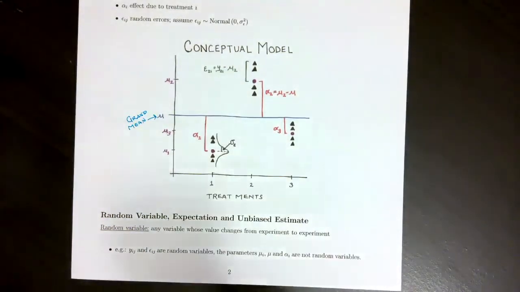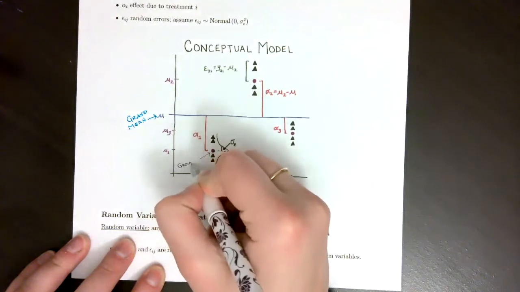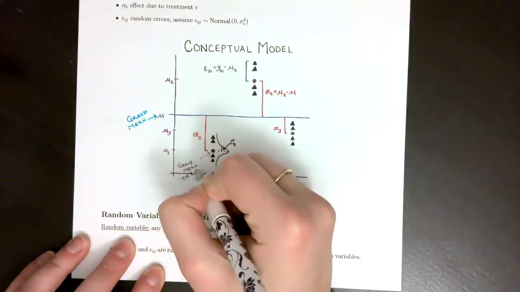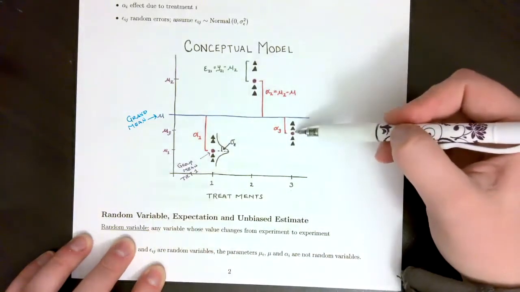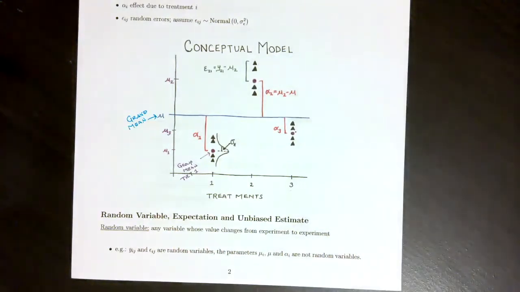So this purple dot right here is the group mean for treatment 1. Here's the group mean for treatment 2. Here's the group mean for treatment 3. Okay? And again, for this conceptual idea, we are using the population parameters, which we will have to estimate using our data down the road.